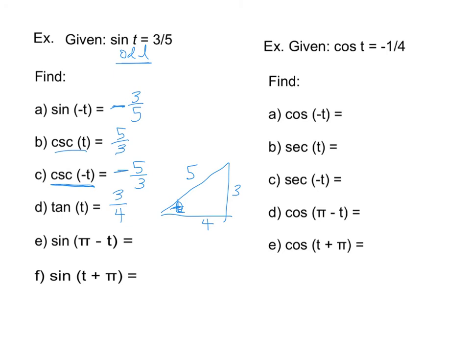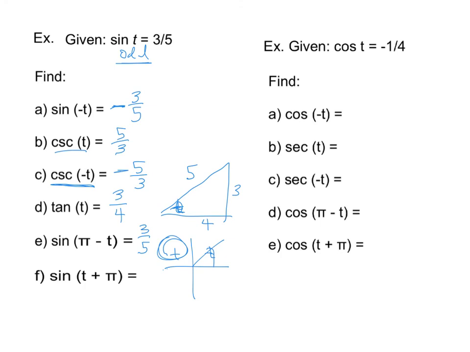Now sine of pi minus t. Well, if we assume t to be positive, looking at a unit circle, if we assume sine to be positive, it's got to be in the first quadrant or second quadrant, right? And so if I take it here and I take pi minus t, then I'm going to get this angle, which is in this quadrant, which is also positive.